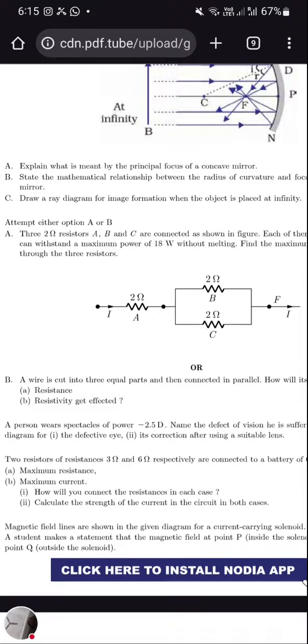Eighteen by 2. Okay, first one you directly calculated, root of 18 by 2. Very good, 9. Root of 9 is 3. So 3 ampere will get divided into 2 parts, that is 1.5 each. Very good, correct answer. Okay, now the next one.